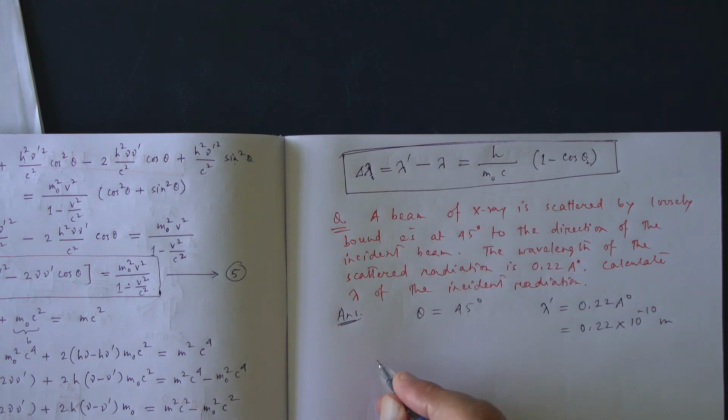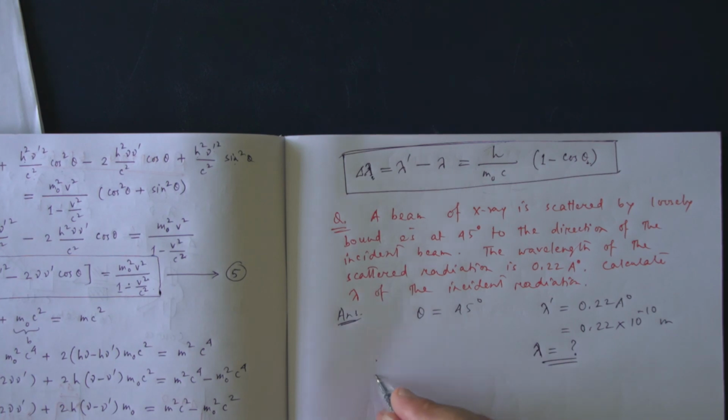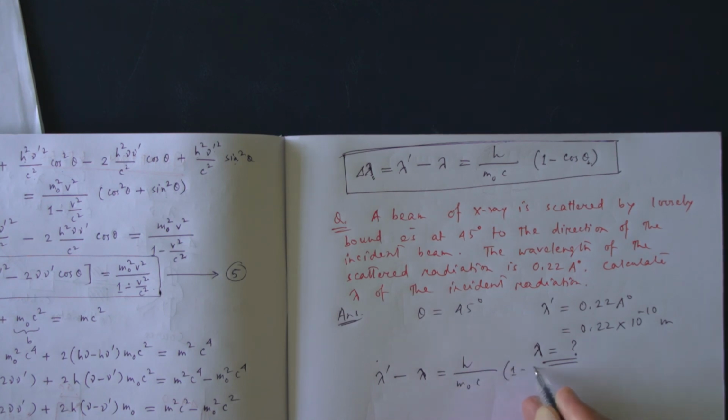Then our relation is this, and you have to find out the wavelength of the incident radiation. So λ' − λ equal to h/(m₀c)(1 − cos θ). So λ will be equal to λ' − h/(m₀c)(1 − cos θ).